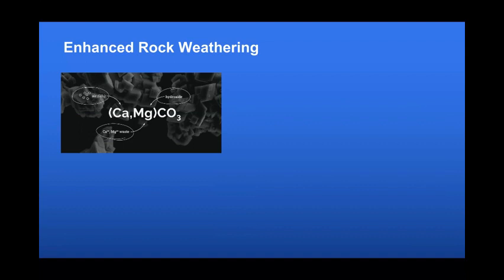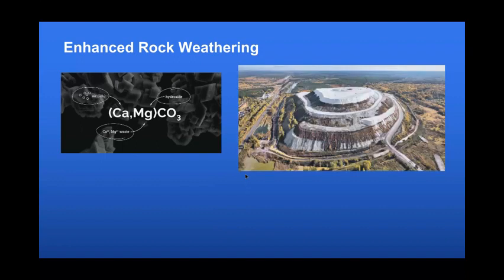Those are limestone cliffs, and they were formed over millions of years. And it's a very slow process, but there are a lot of technologies now, a lot of efforts and research going into how to accelerate this process and how to get calcium carbonate available in many Golden Gate Bridges worth.